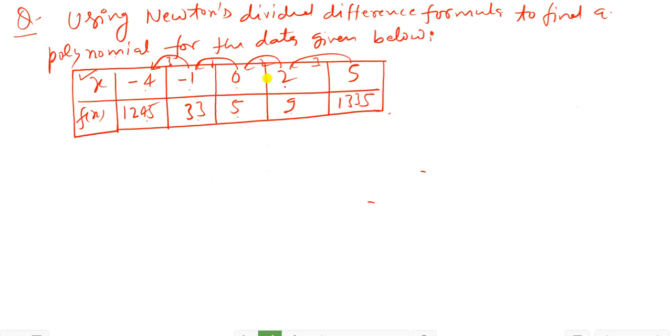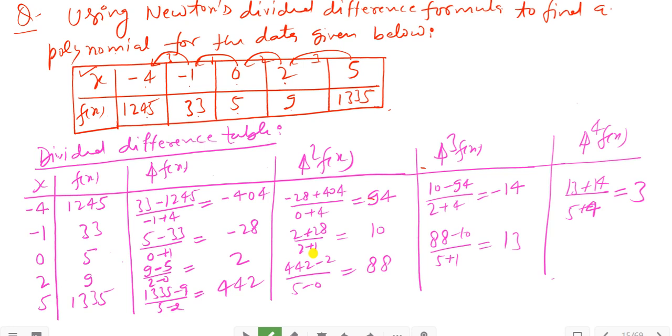So when we apply Newton's divided difference interpolation formula, first of all we construct the divided difference table. The divided difference table has the x arguments -4, -1, 0, 2, 5 and the functional values 1245, 33, 5, 9, 1335.